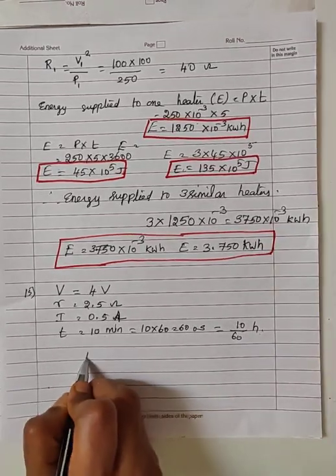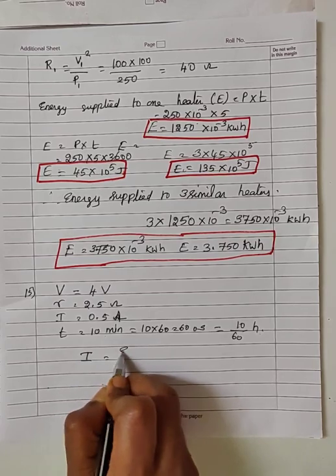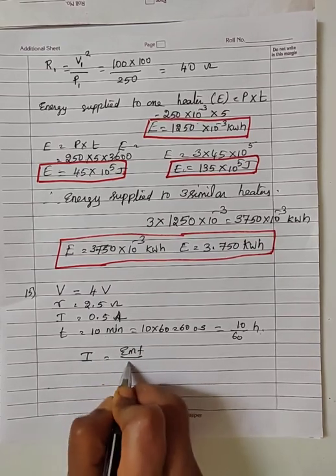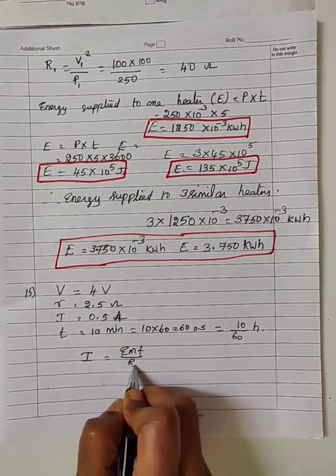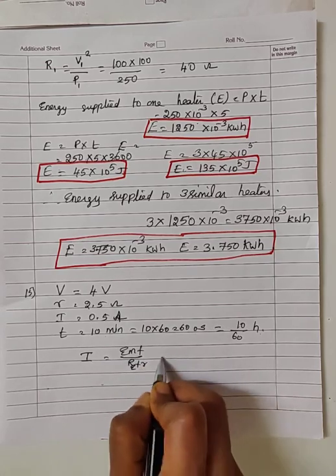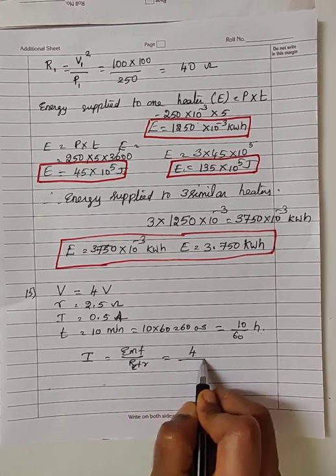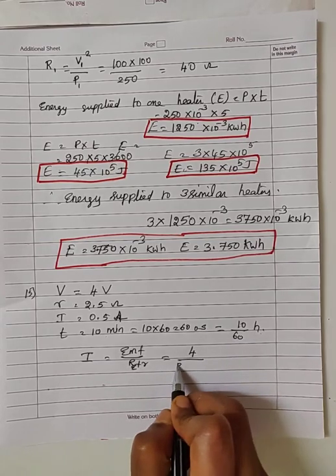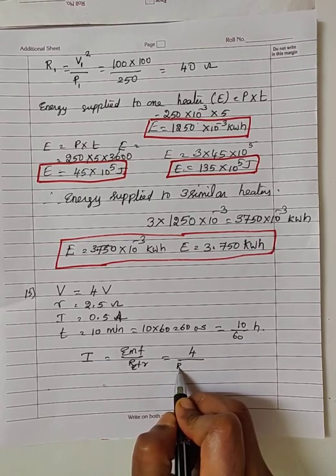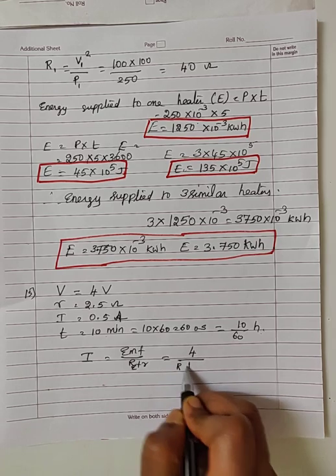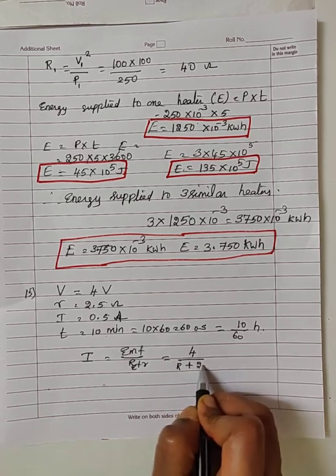First we calculate the current drawn from the cell, which is equal to EMF by total resistance. Total resistance is external resistance plus internal resistance. The EMF of the cell is given as 4, the external resistance value is not given, so we keep it as R, and internal resistance is given as 2.5.